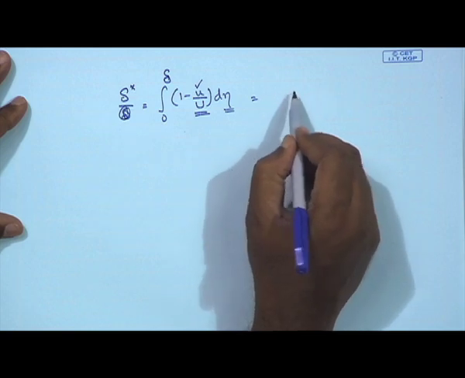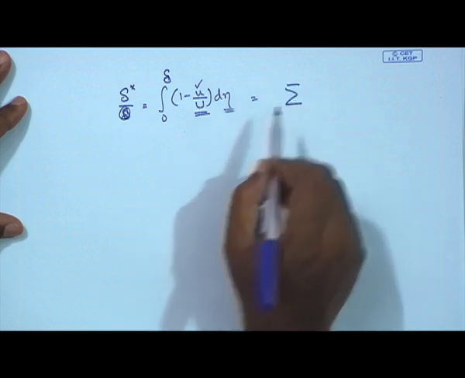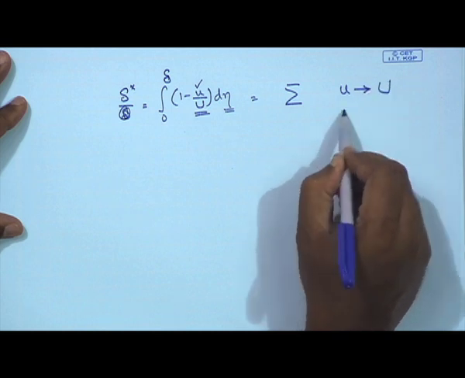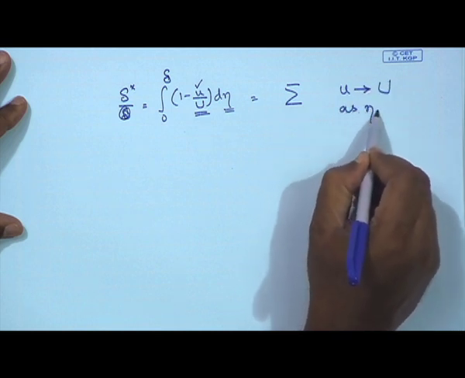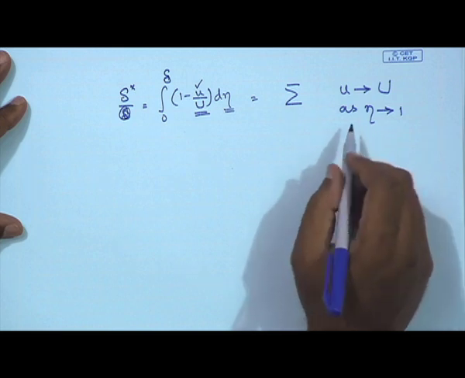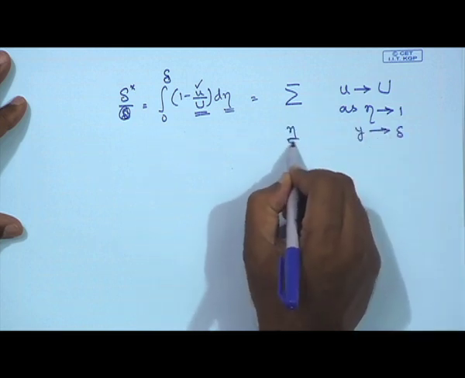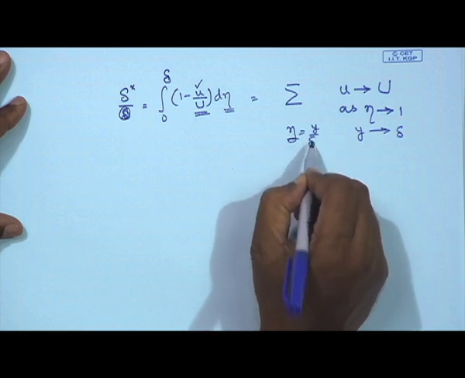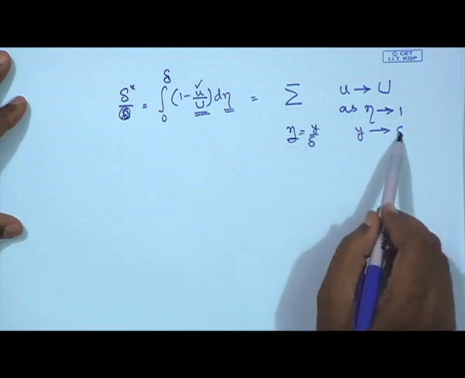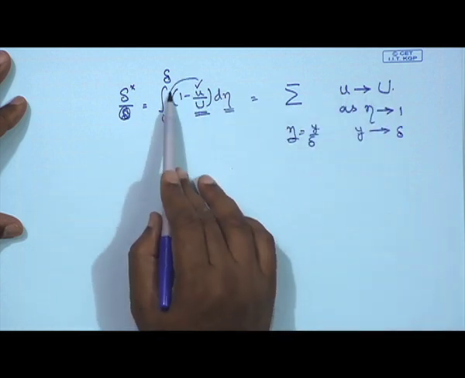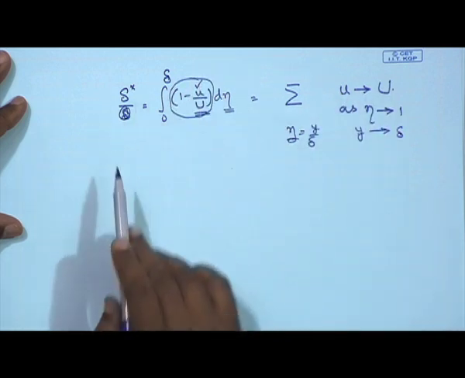If you express it as a summation term, you can see that u tends to capital U as eta tends to 1, that means y tends to delta, since eta is nothing but y by delta. So, as y tends to delta, u tends to capital U, and this entire term becomes very small.